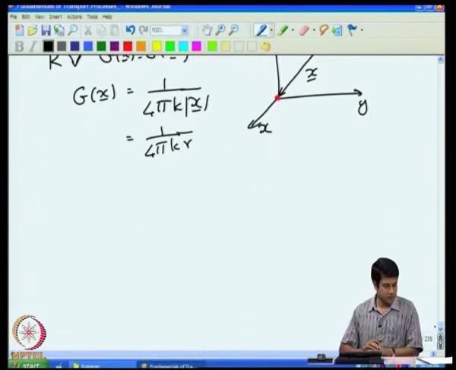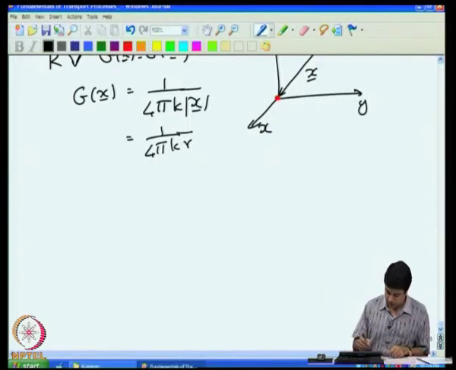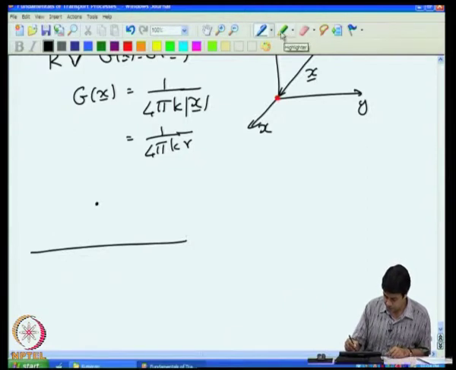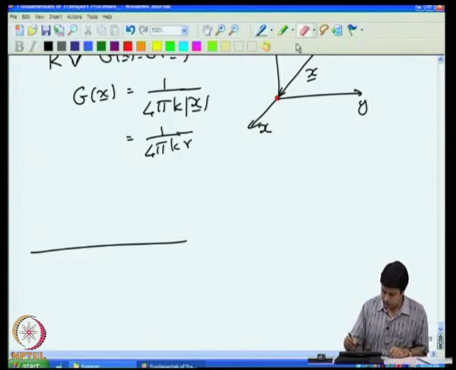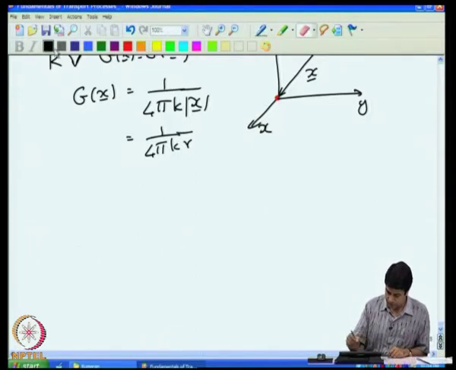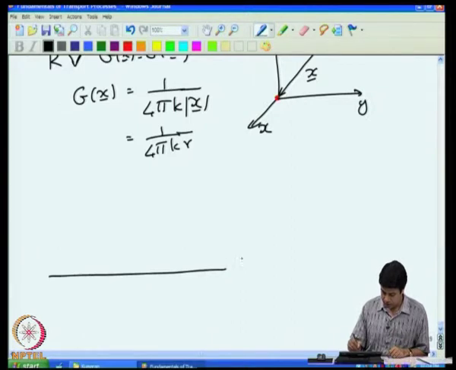Consider the following problem. I have a wall here. The wall is insulating. So, let us just take a wall here, a horizontal plane wall.